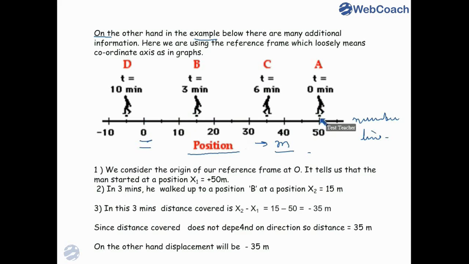But when we calculate the displacement, about which you are aware, you will see that it will have a negative value. So what have I gained by doing this method?